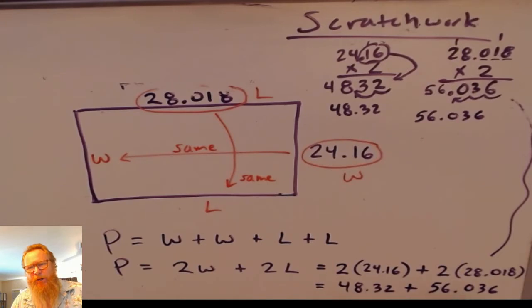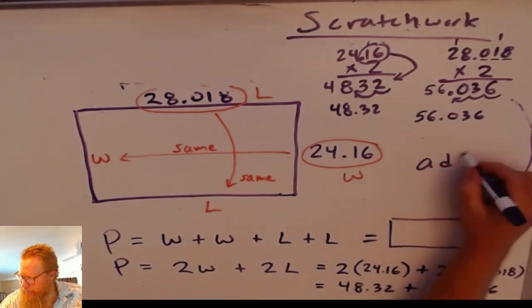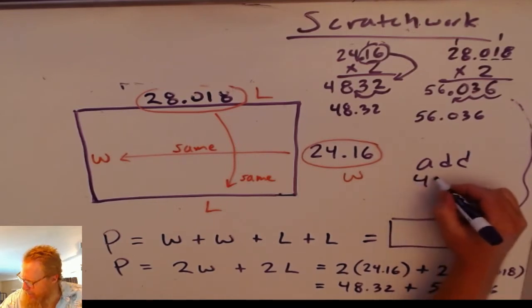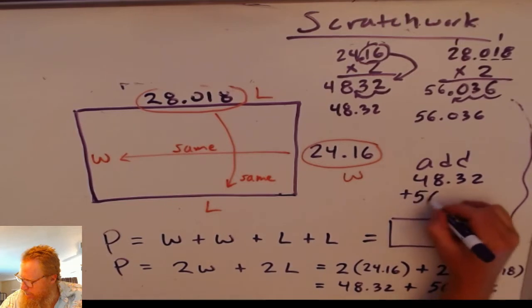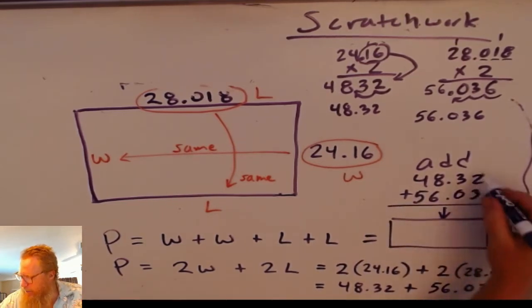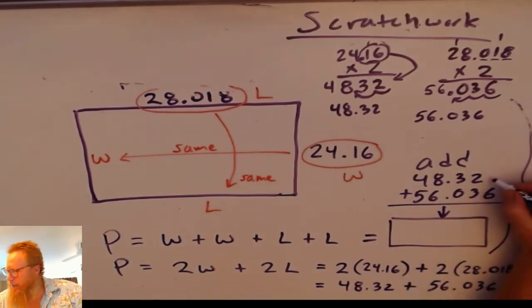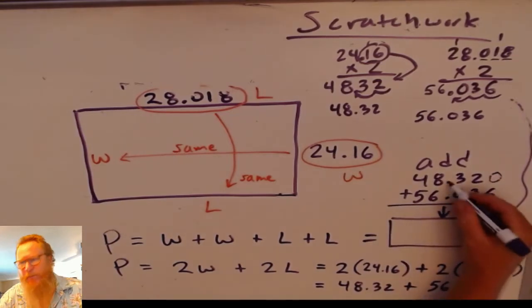And then remember, when you're adding these, I'm just going to go ahead and put the answer here. I have to line them up. 48.32 plus 56.036. And that will give me my result here. I'm going to put a placeholder above the 6 to make sure I stay on target. I'm going to keep these decimals lined up.